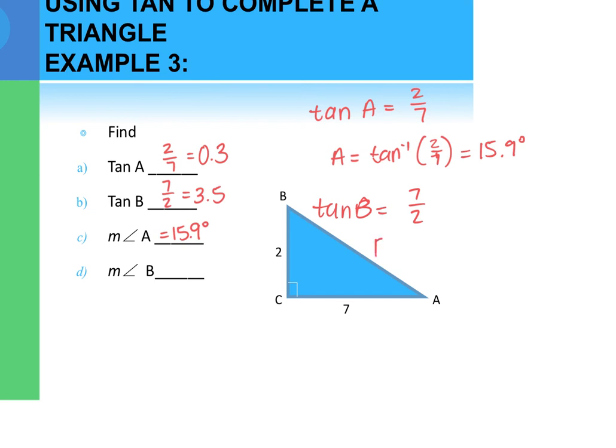B is then equal to the tangent inverse of 7/2, which gave us 74.1. Now, those two added together should give me what? 90. So what is 74.1 plus 15.9? It's 90. That's just a way that you can check that you did it right. That make sense?